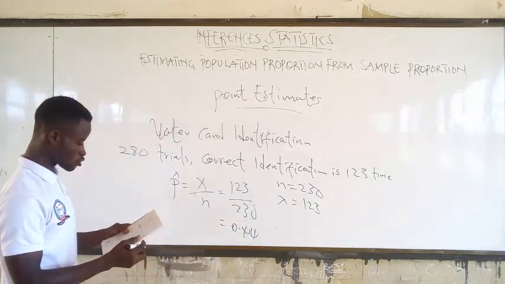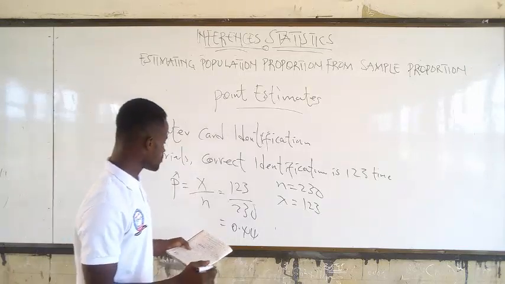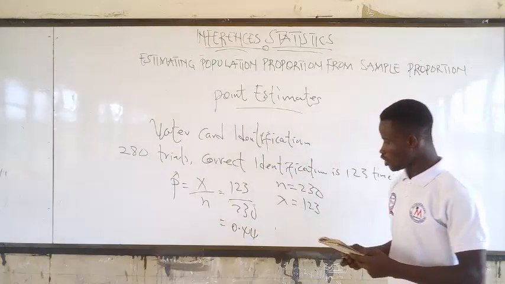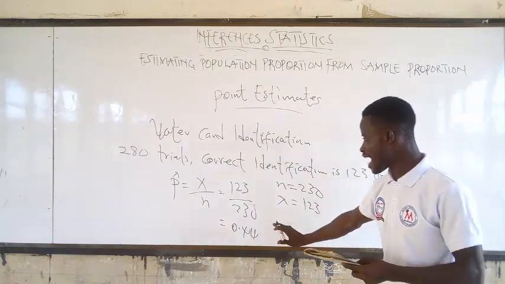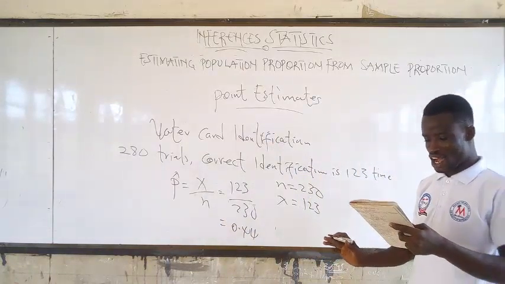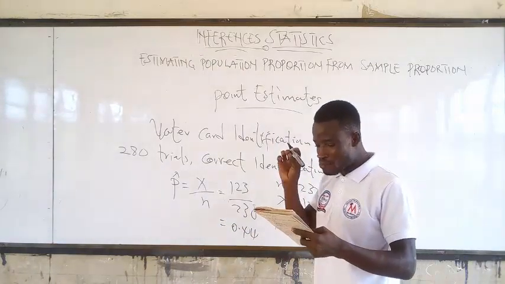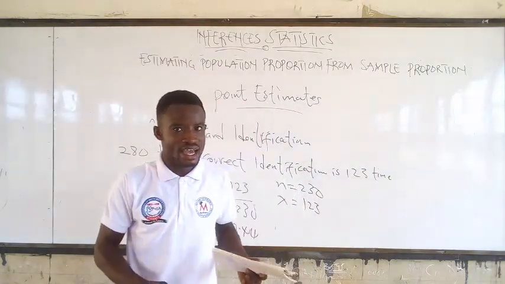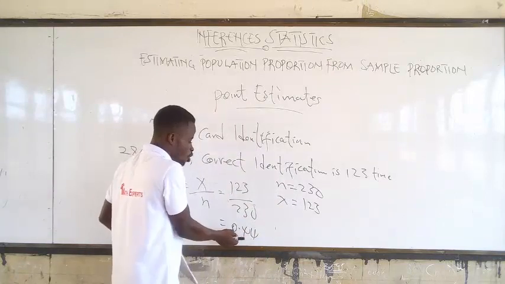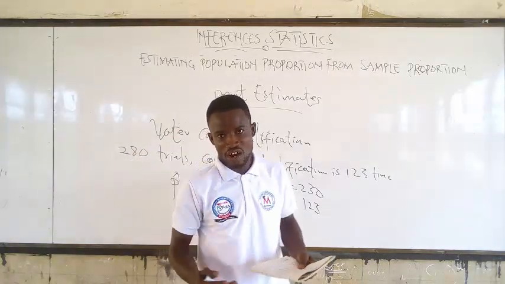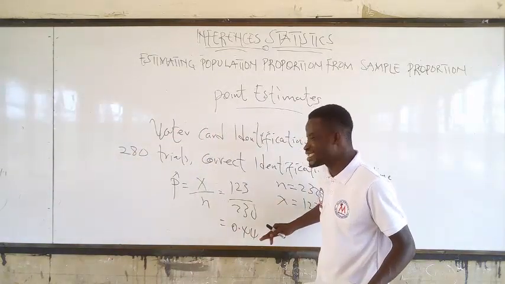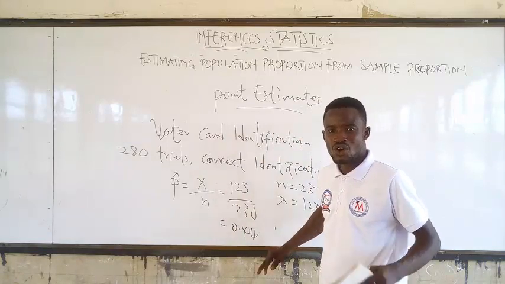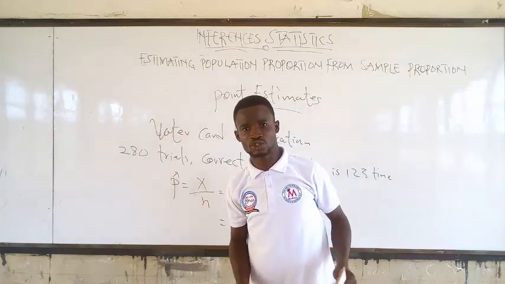1. Good. So now, your interpretation there is that here you have no idea how accurate this point estimate is. So you cannot say that you are using this point estimate to conclude for the whole country.